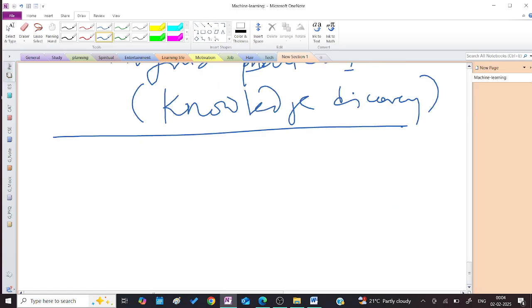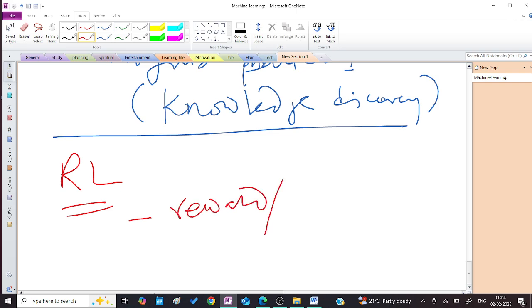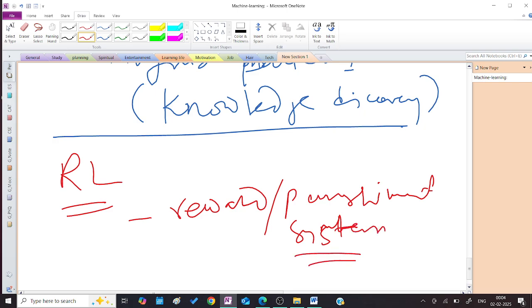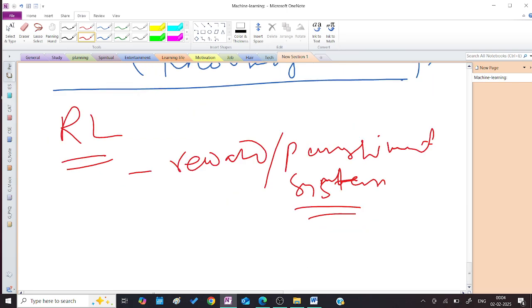And finally, reinforcement learning is more like a reward or punishment system. Suppose we are playing a game or learning how to act or behave.